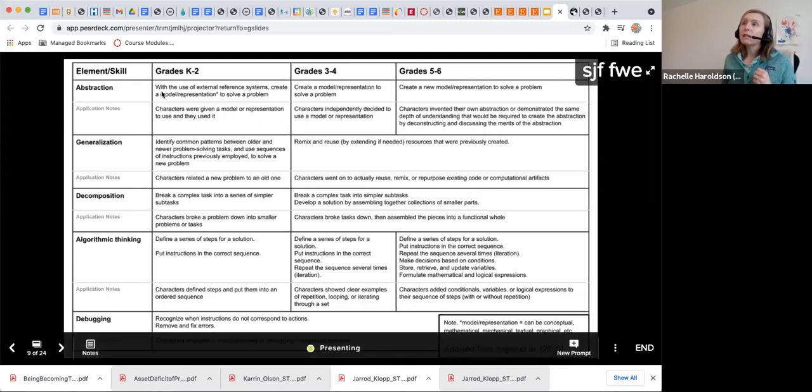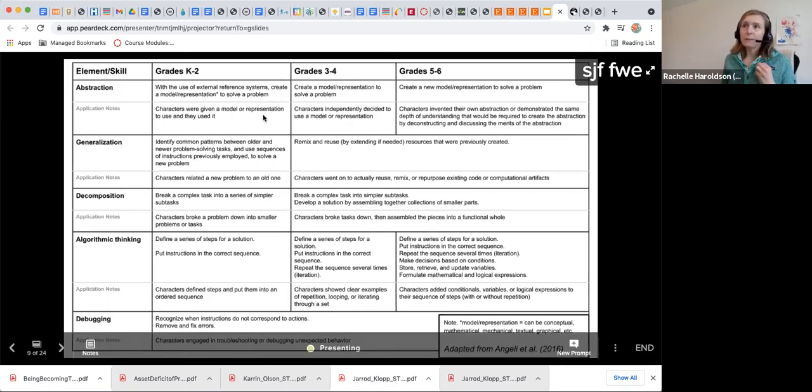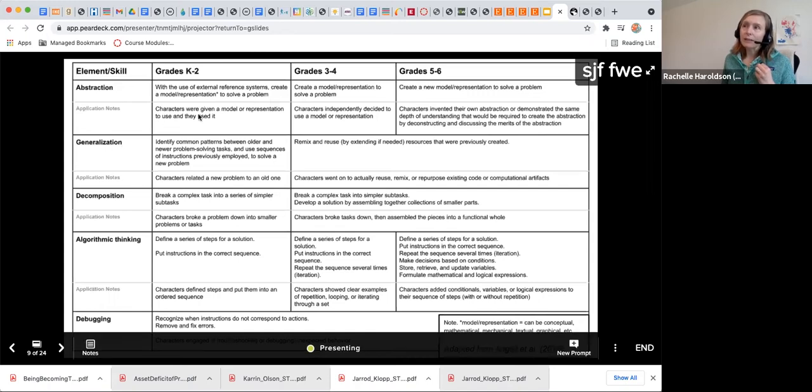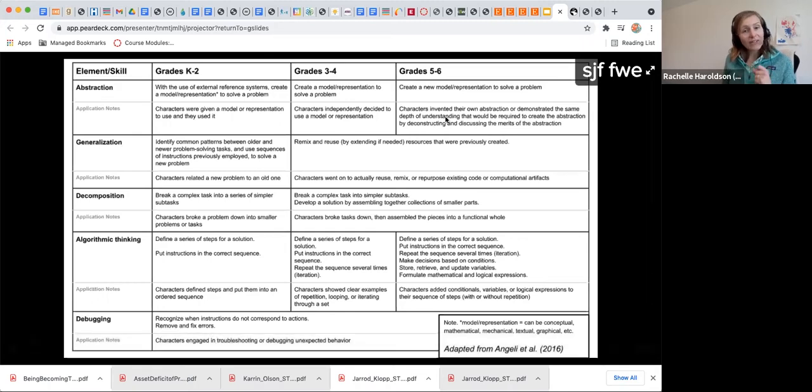What you see here on the top line following the element is what the Angeli and colleagues framework said is part of their framework for computational thinking. And where it says application notes, this is where my colleague and I started to disentangle what this evidence looks like inside children's books.